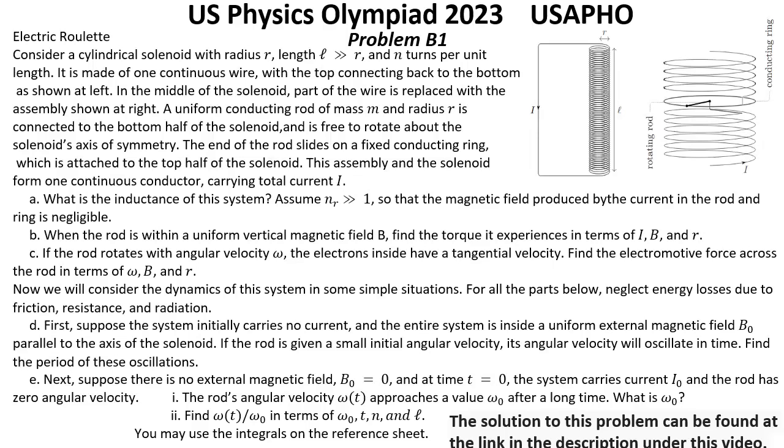The rod's angular velocity omega as a function of time approaches a value omega 0 after a long time. What is omega 0? Second question. Find omega of t over omega 0 in terms of omega 0, t, n, and l. You may use the integrals on the reference sheet.